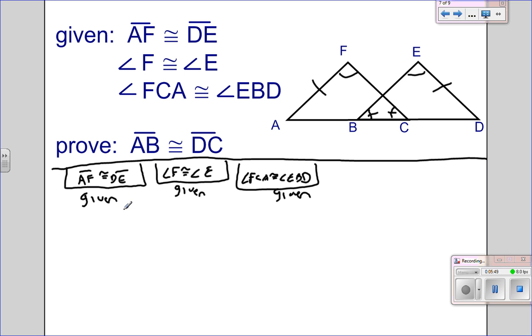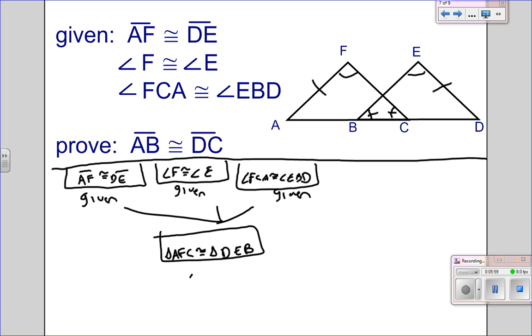We just join those three together and we say triangle AFC is congruent to triangle DEB by angle, angle, side congruence. Now, because these triangles are congruent, I know that AC is congruent to DB. Granted, that's not what we're trying to prove, but it gets us closer.